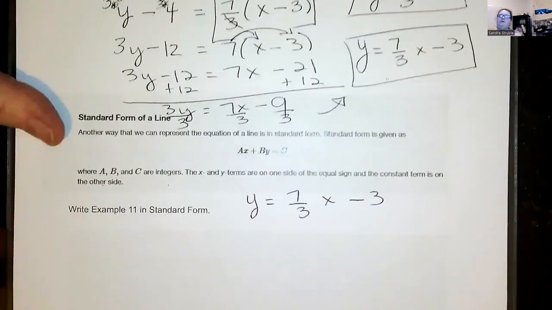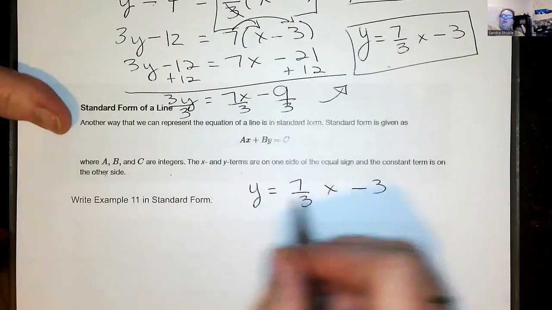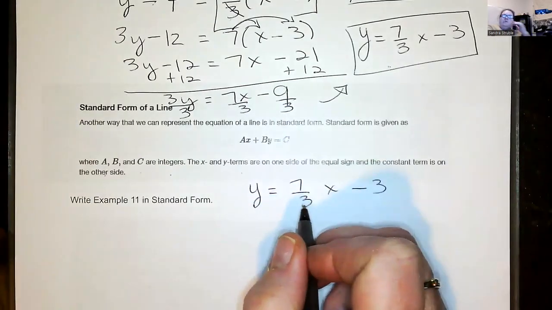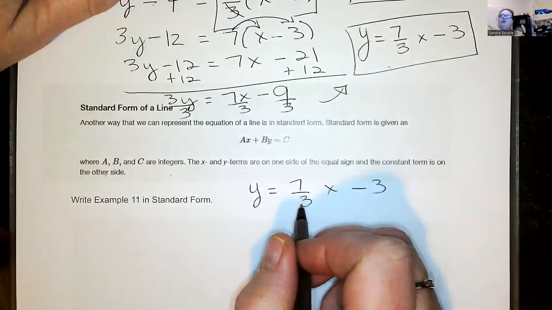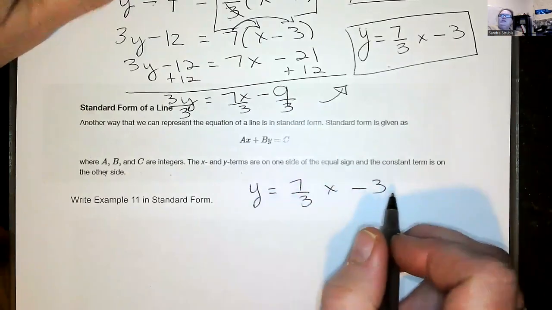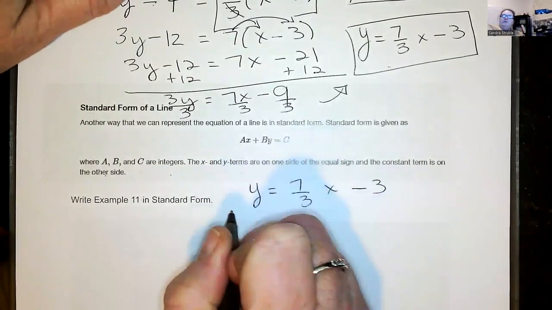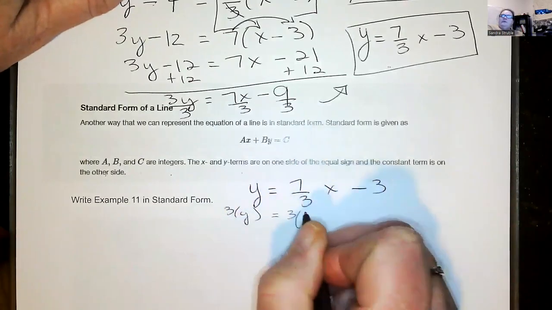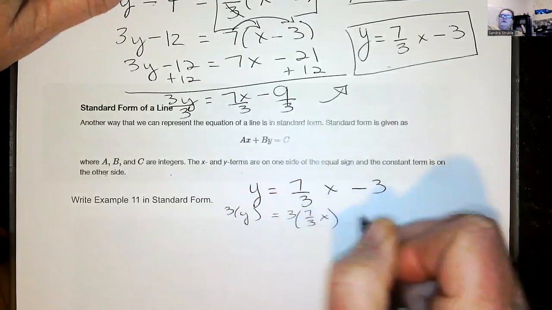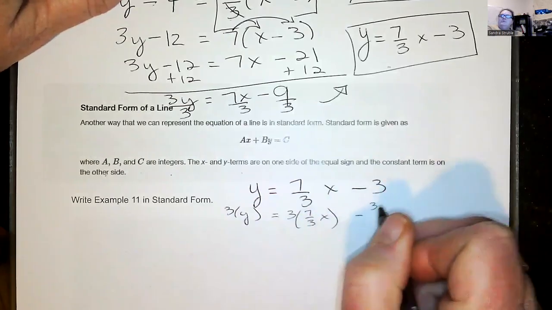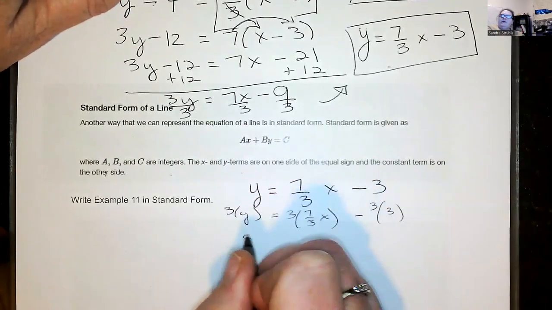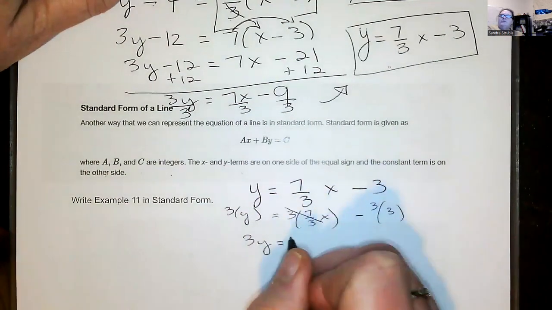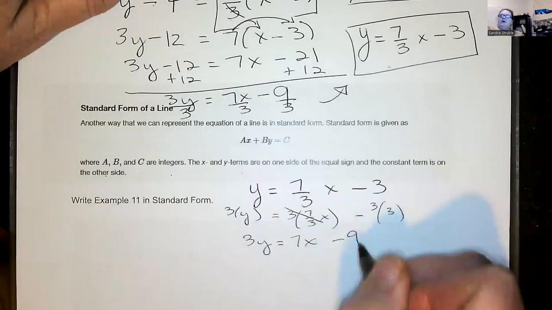Okay, so we're gonna take the previous question and rephrase it in standard form. I'm going to do the same thing with the 3 that we did earlier as far as multiplying it to each term just to get rid of it. So I'm going to go 3 times y equals 3 times 7/3 x minus 3 times 3. All right, so I get 3y is equal to, well, these cross out, we get 7x minus 9.